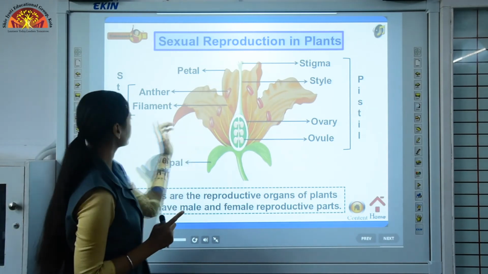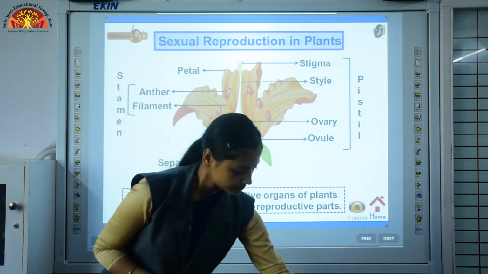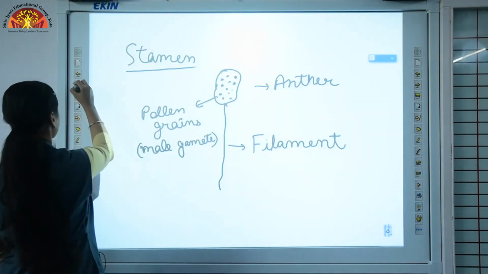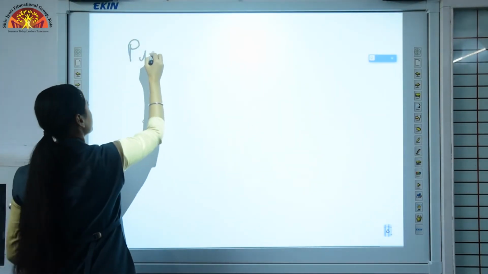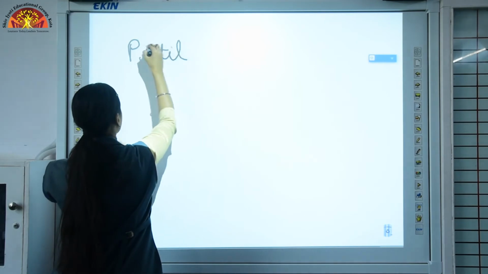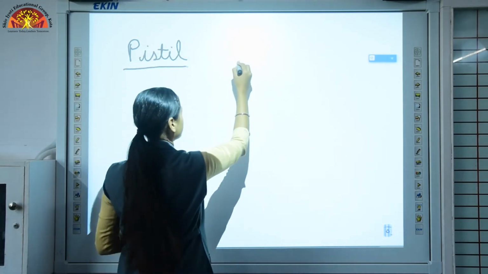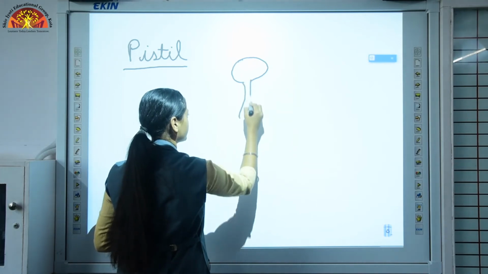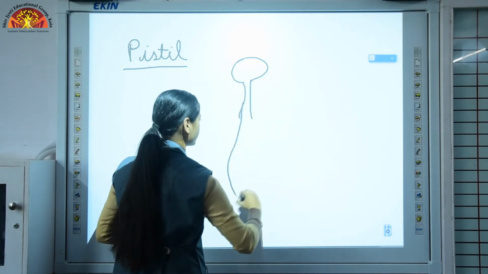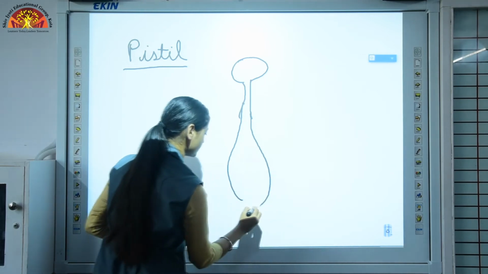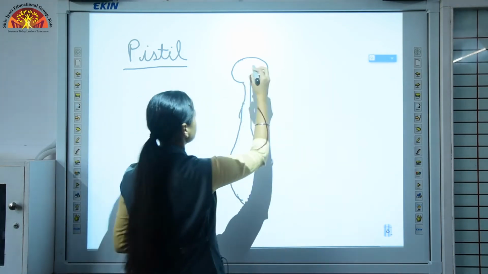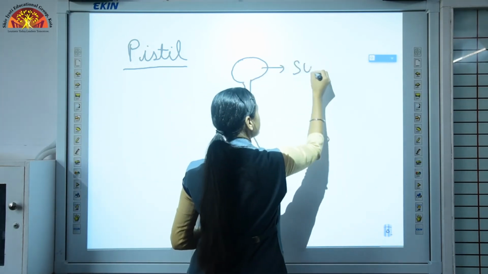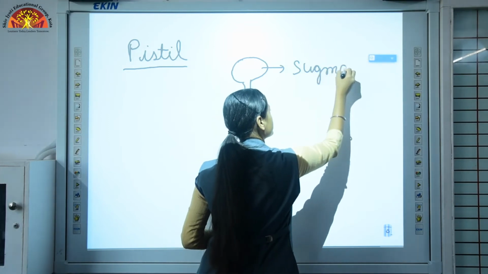Now we will discuss the female reproductive part, which is pistil. This is the structure of pistil. The top part is known as stigma.